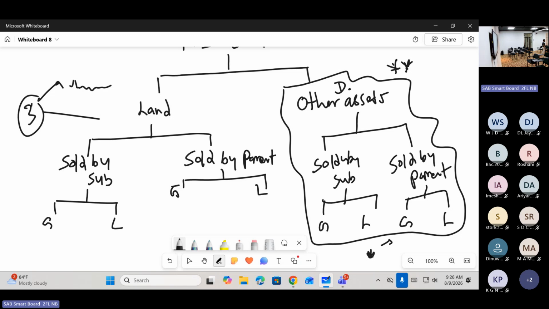Going back to scenario 2, not paid. Other than the income reversal and equity reversal, we are required to reverse the dividend payable and the dividend receivable.